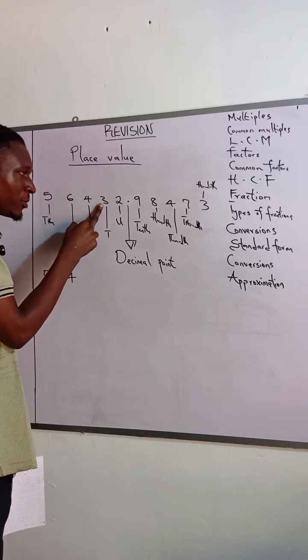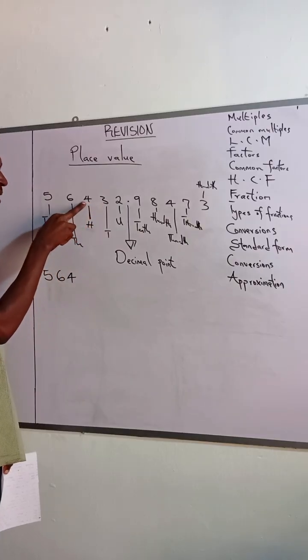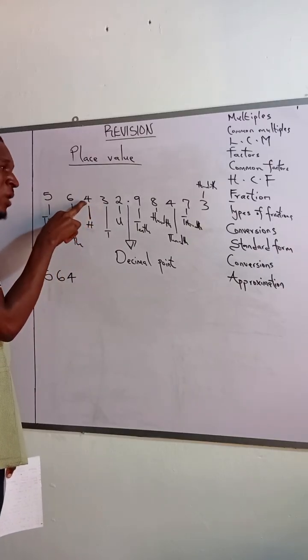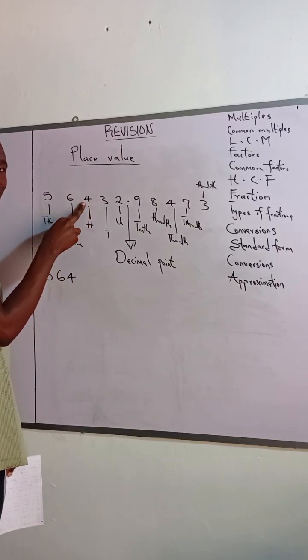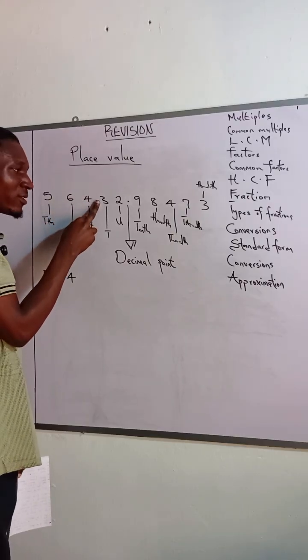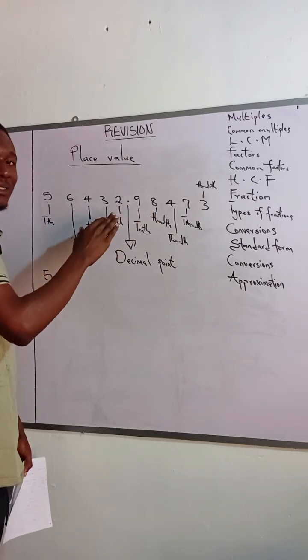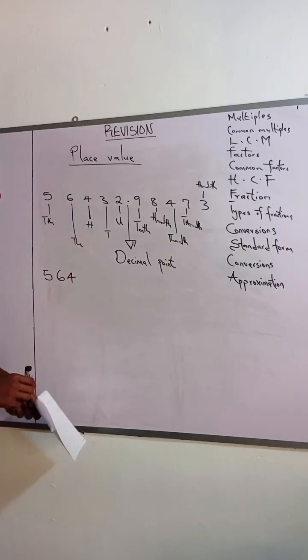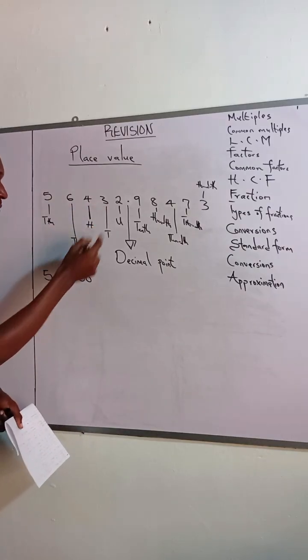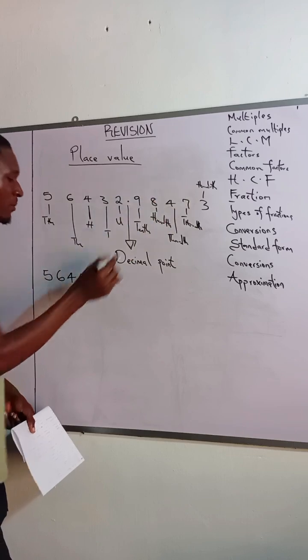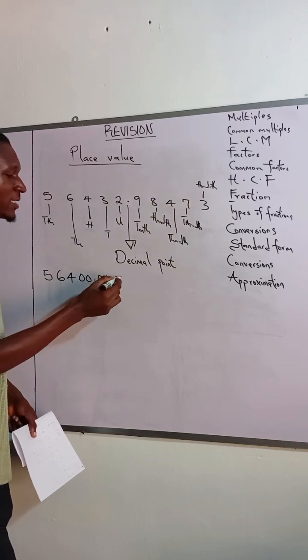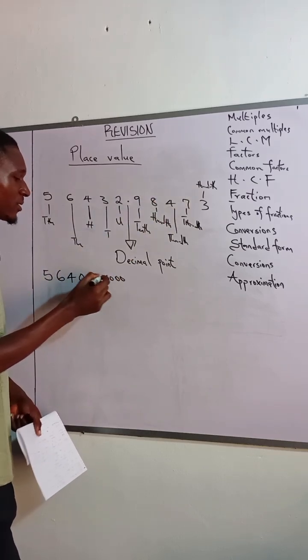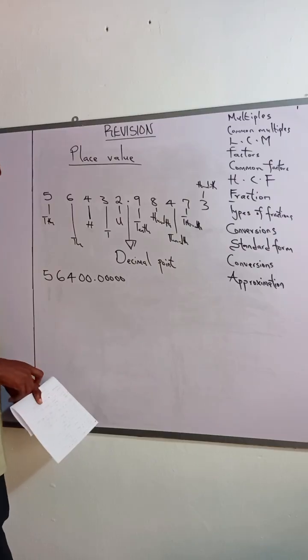If it is up to 5, we are going to round up the 4 by adding 1 to it. But if it is not up to 5, we just change everything to 0. Like in this case, it's not up to 5. Therefore, we change 3 and 2 to 0, which is 0, 0. We put our point if you like. Remember, I told you all these zeros are useless, but you can write them to make sure there is no error.